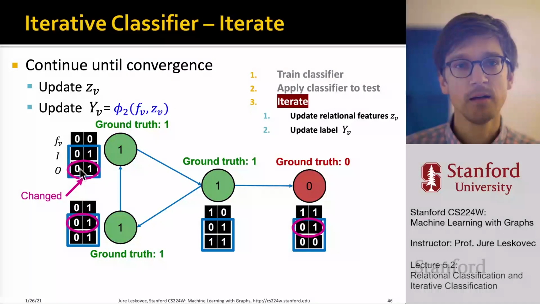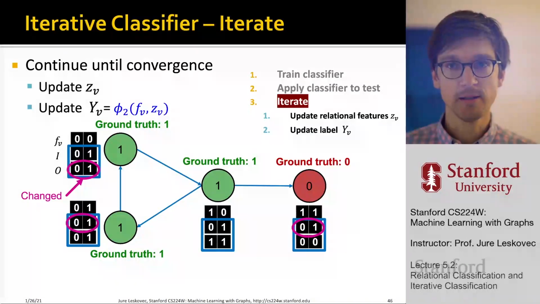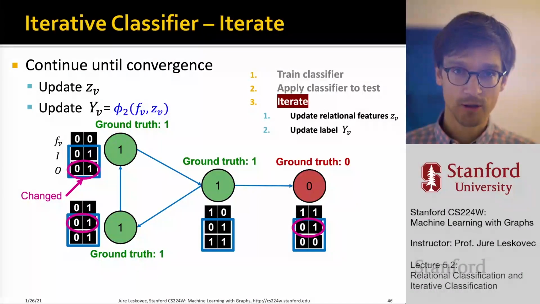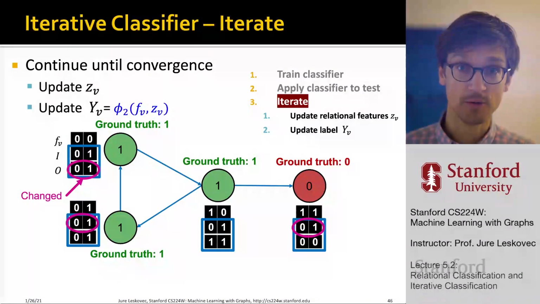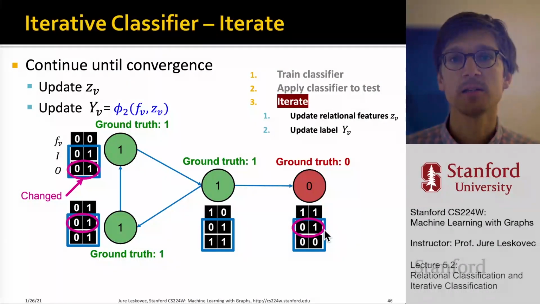Because if a prediction for a given node changes, then its vector z is also going to change. And if the vector z changes, then I have to apply the predictor phi2 to update the belief or the prediction about the label of a given node. And I keep iterating this until the process stabilizes.